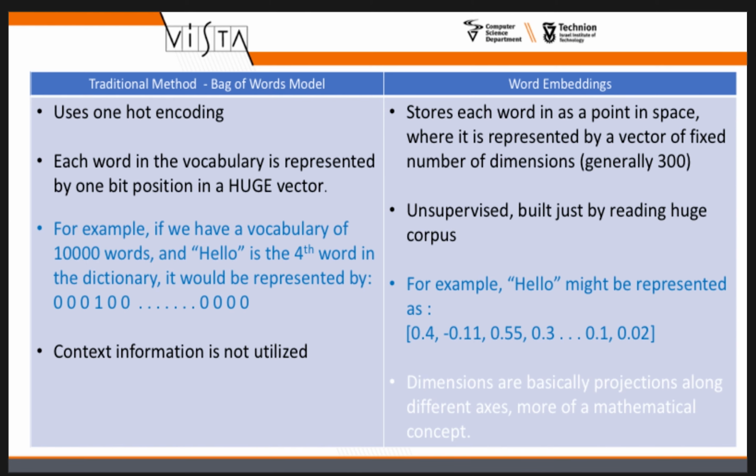So the naive or basic method for working with text is the bag of words model, using one-hot encoding. You build a vocabulary, and each word is represented as a huge vector, and the word hello, for example, has place 4 in this vector.